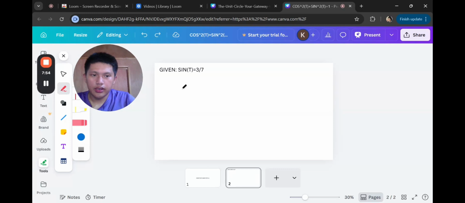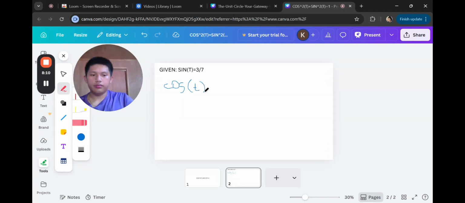Find the cost t. Cost times t is equals to negative square root of 40.